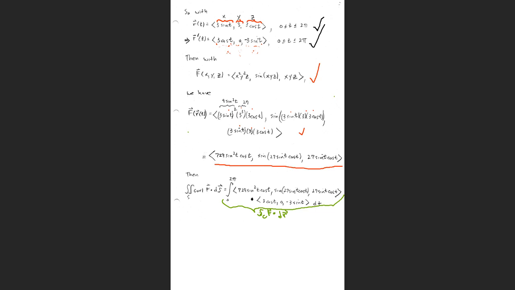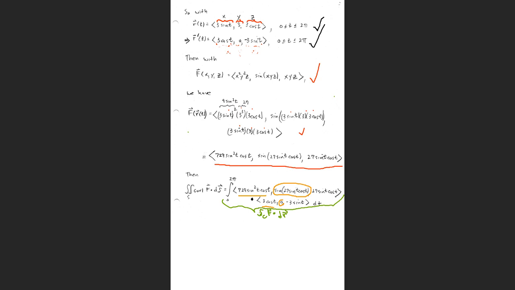Now notice that because of the 0 here, this ugly term here, when we do the dot product, is not going to be involved. That would be an ugly thing to deal with. The sine of 27 sine t cosine t. So we're taking 729 sine squared of t cosine t, multiplying that by 3 cosine of t.